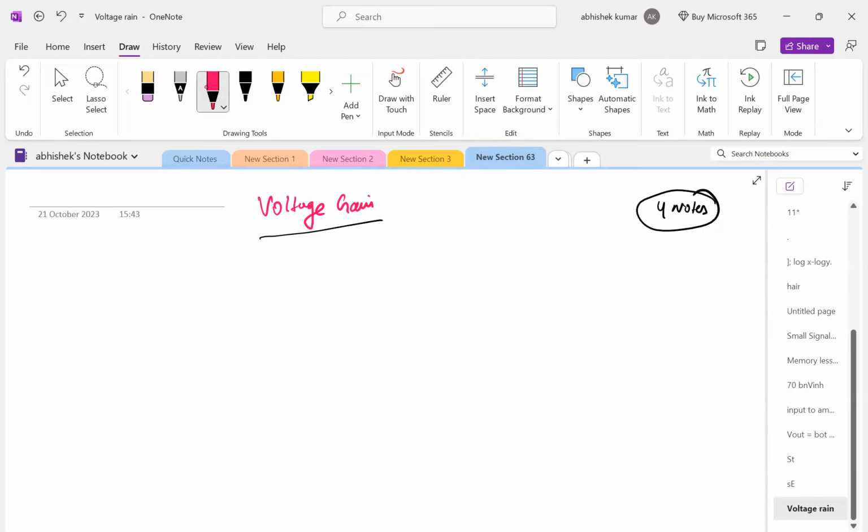We can see here that the voltage gain of a third order amplifier is b1 plus 3 by 4 b3 a square. What is the input power?